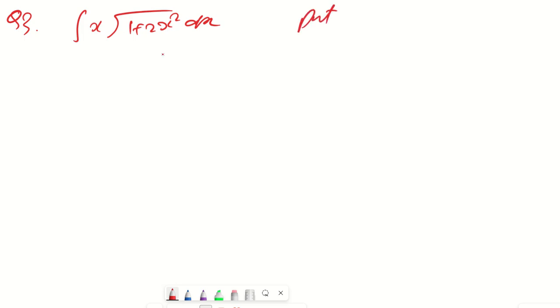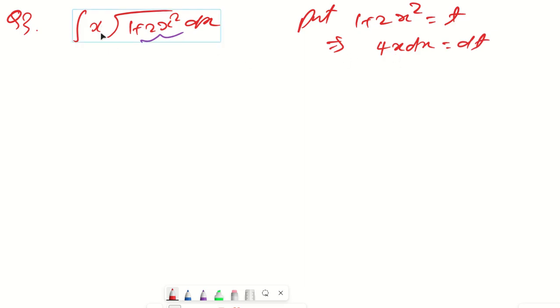Since we are working with integration by substitution, our understanding must be to identify the term that we can replace to get simplified terms. So put 1 plus 2x square equal to some variable t. Then differentiating, 4x dx is equal to dt. We have the available term x dx here, so x dx can be replaced by dt by 4.